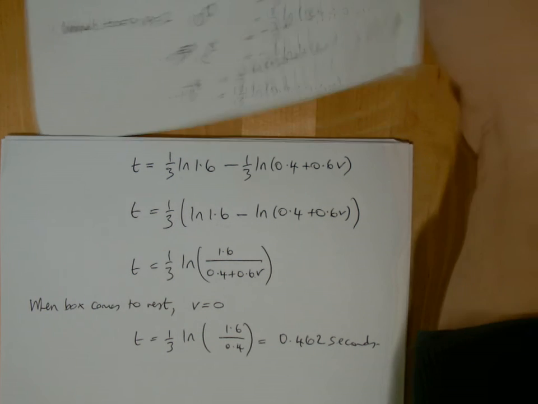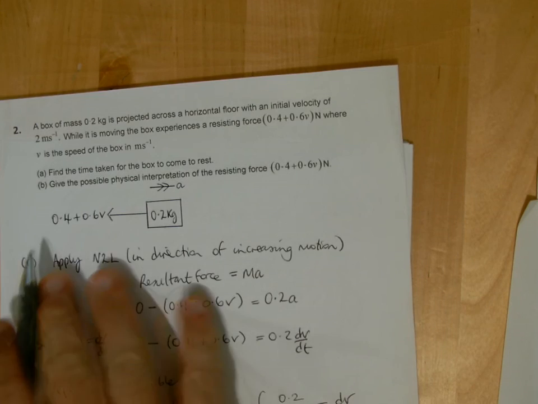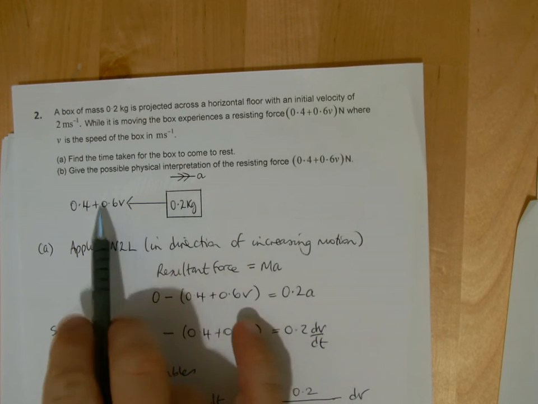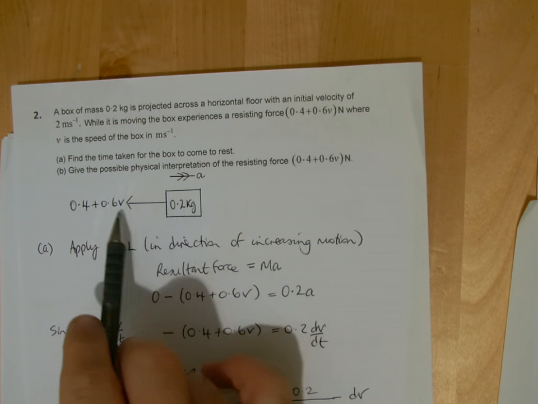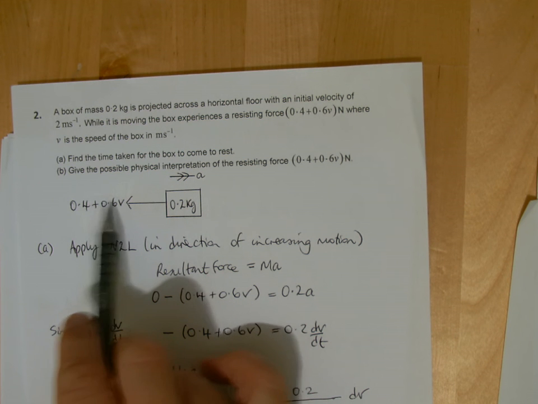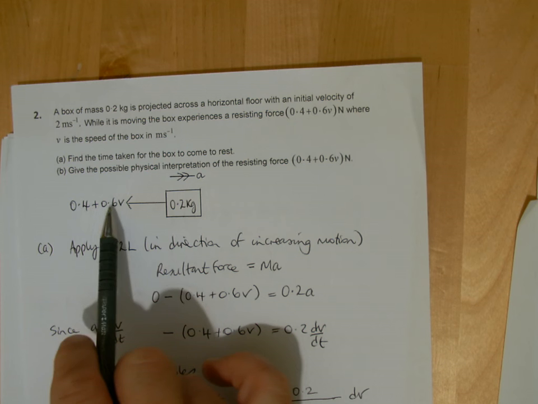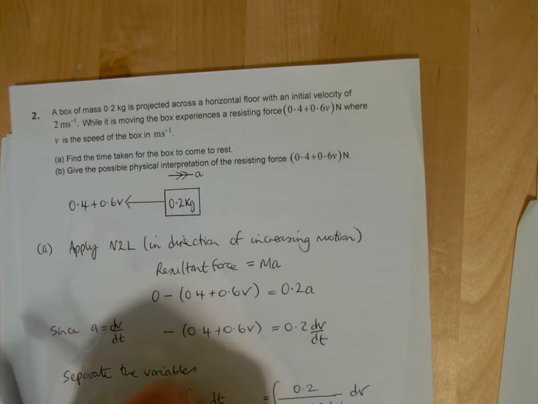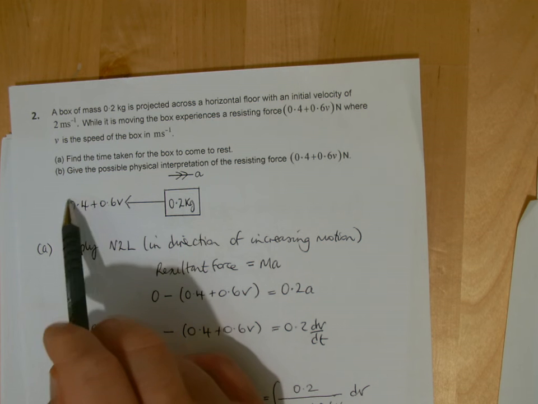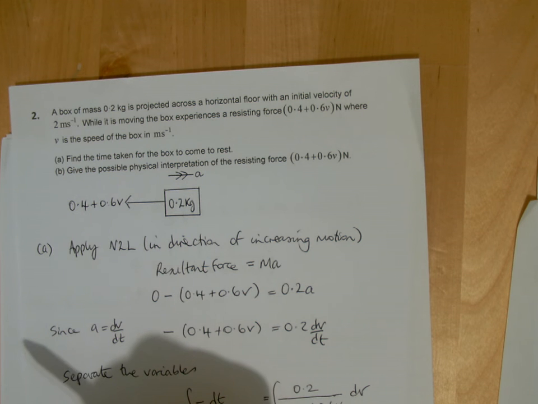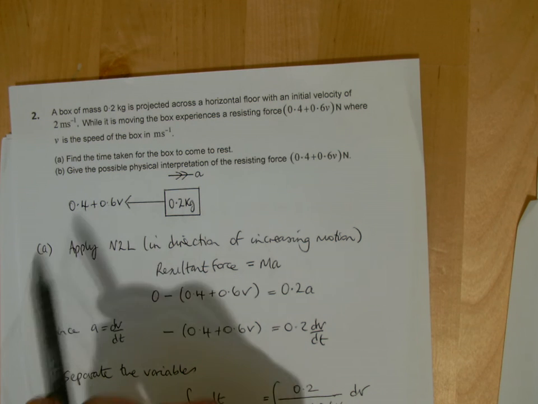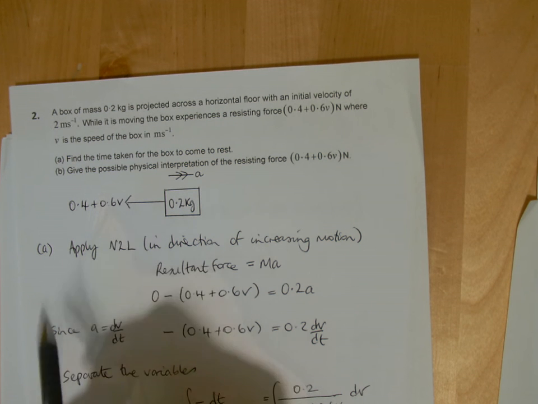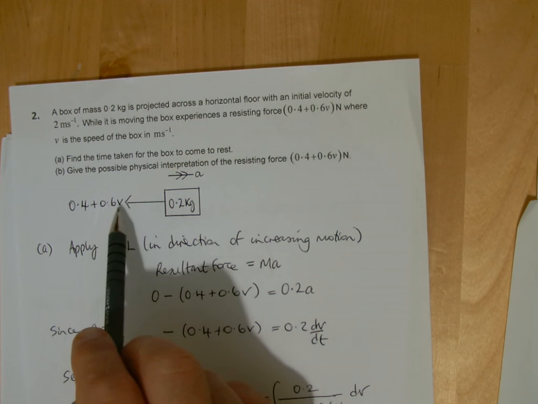So in B, it says give the possible physical interpretation of the resisting force. When they say physical, they're asking where do these values arise from? What's causing these values? What I do here is think about them as separate entities. Appreciate here that 0.4 is a constant; it doesn't change. But this part of the resistance will change, because it depends on v.